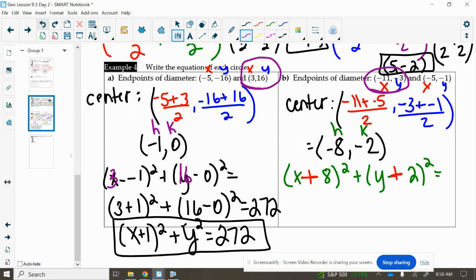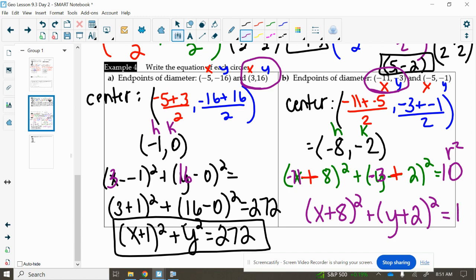I'm going to choose this time to plug in -11, -3 for my x and my y. So again, as I plug this in, (-11 plus 8) squared plus (-3 plus 2) squared gives me an output value, my r squared value of 10. And my final answer then is going to be my equation rewritten with h and k plugged in and that r squared value plugged in.